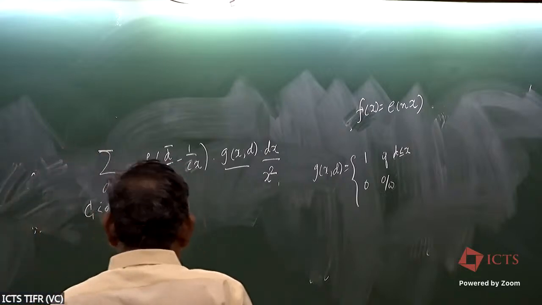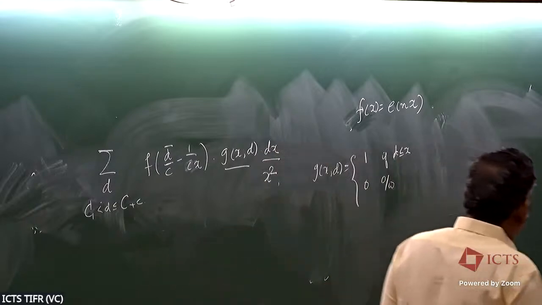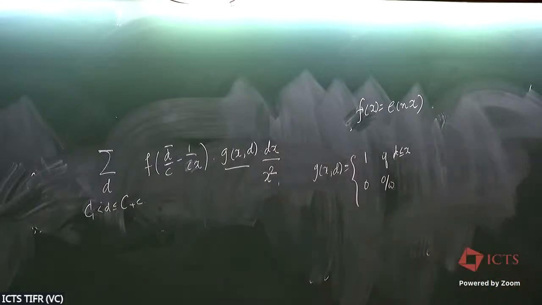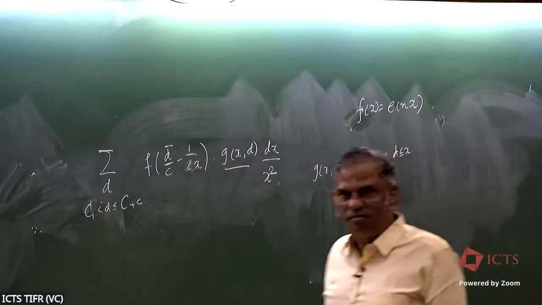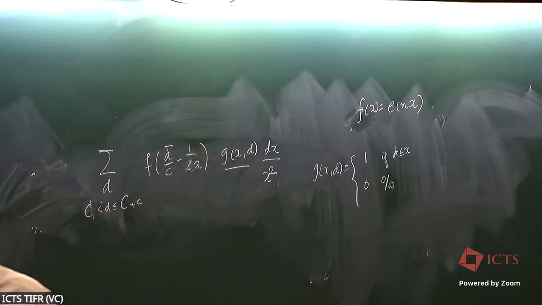I just have the same condition C less than or equal to d less than or equal to C plus little c, and this particular condition d less than or equal to y I want to forget. I mean, y I am calling x, and d less than or equal to x I have to forget. I forget the condition by introducing another function g, which is equal to 1 if d is less than or equal to x, and 0 otherwise.